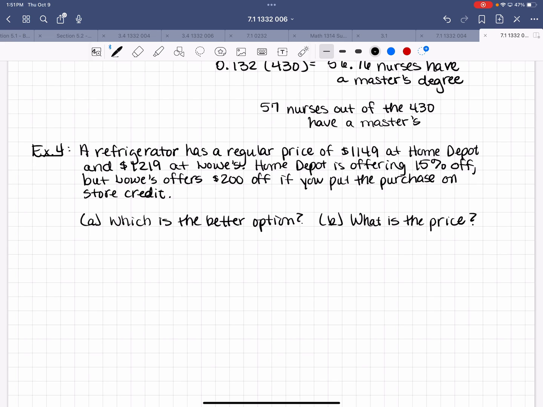They're not going to charge you any interest on items you buy for the year. That's all fine and dandy, okay? You get this $1,200 refrigerator, and at the end of the month, it tells you, oh, you only owe $50 this month. You're like, I can do that. I can pay that $50.